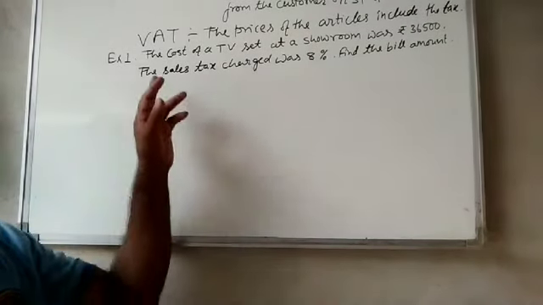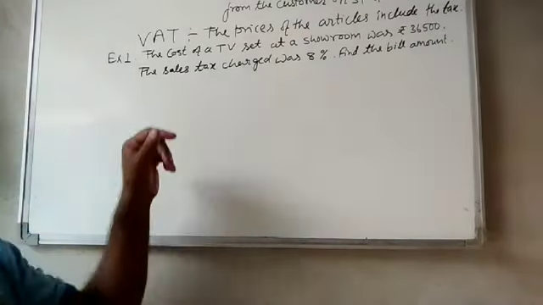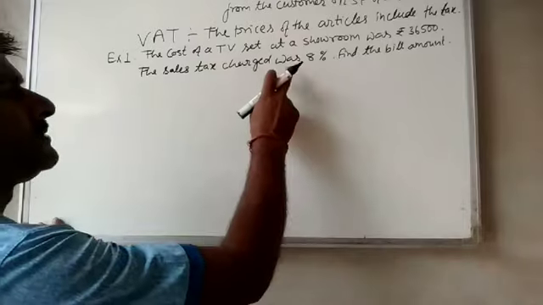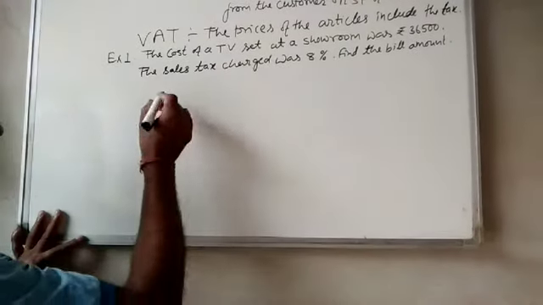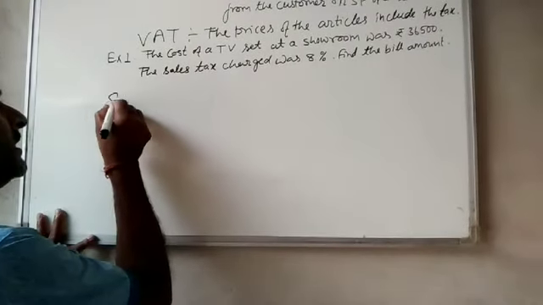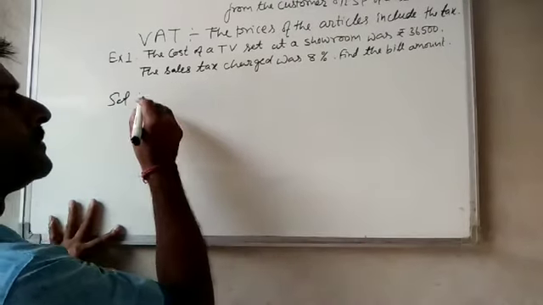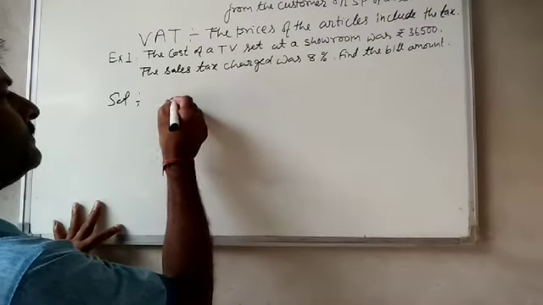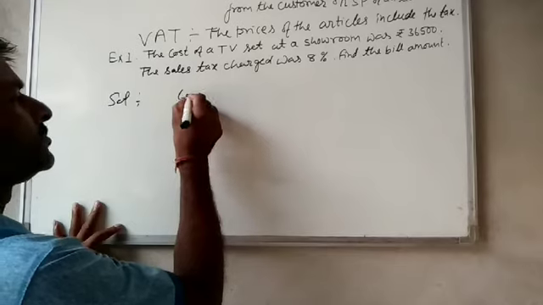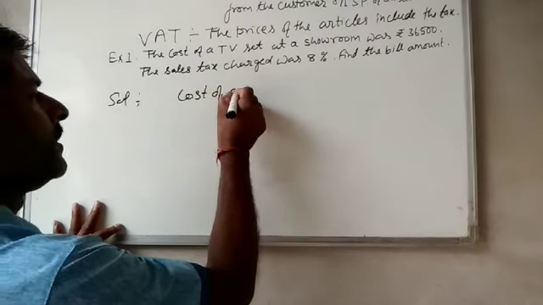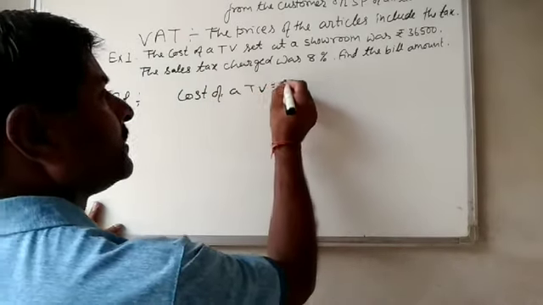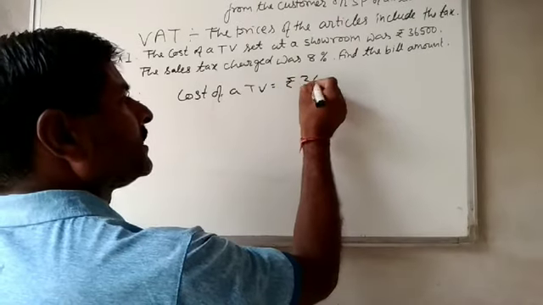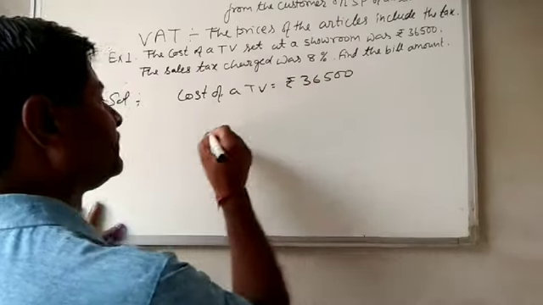The cost of a TV set is rupees 36,500. Find the bill amount. The sales tax charged was 8% by the shopkeeper. So here we can write: cost of a TV is equal to rupees 36,500.